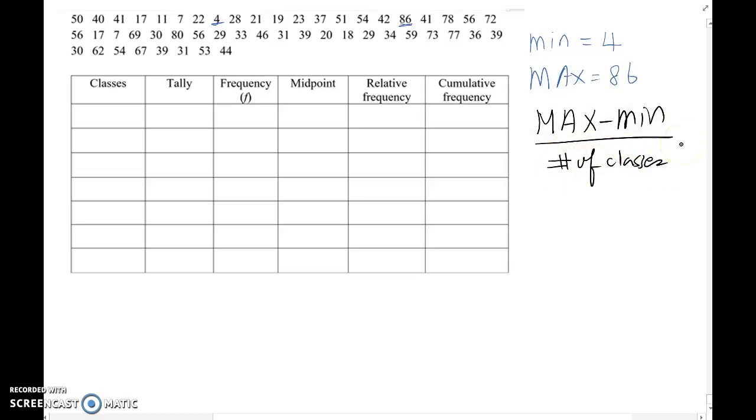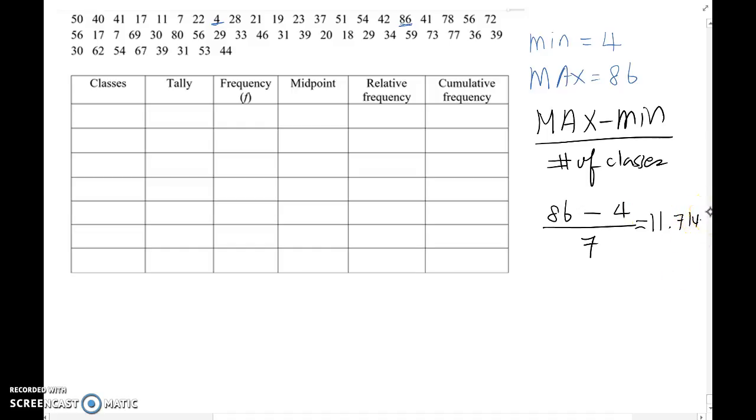This time the maximum is 86 and the minimum is 4, and we're going to create 7 different classes. So you calculate 86 minus 4 over 7. If you calculate, then you will get 11.714, something like that, right?